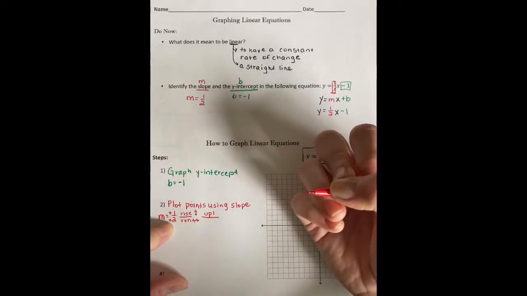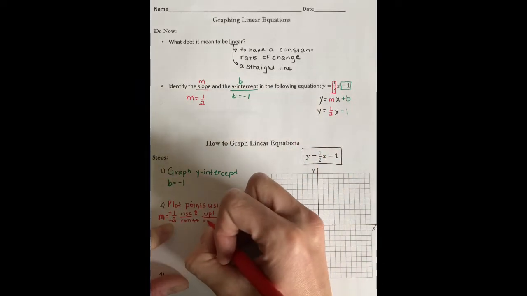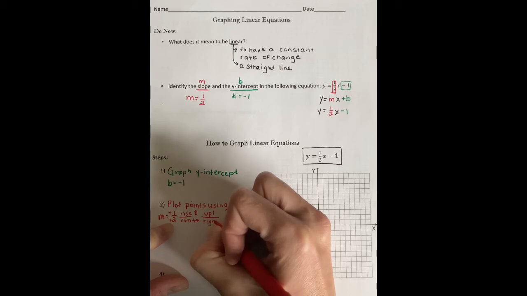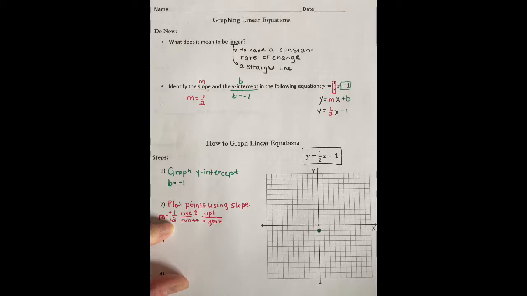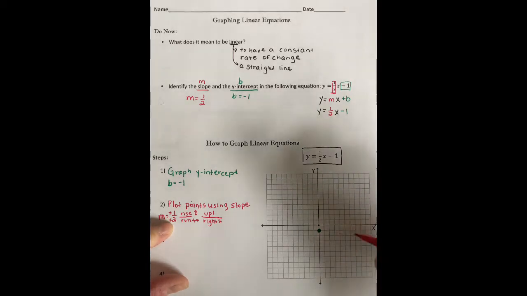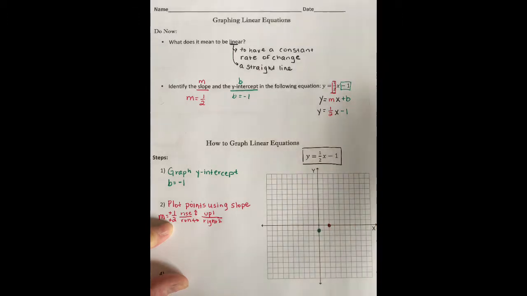And if I have a positive 2, it tells me I'm going to the right 2. So that's how we're going to plot the rest of our points. We're going to go to that point that we already plotted at my y-intercept, and I'm going to go up 1, right 2, and there's my next point.